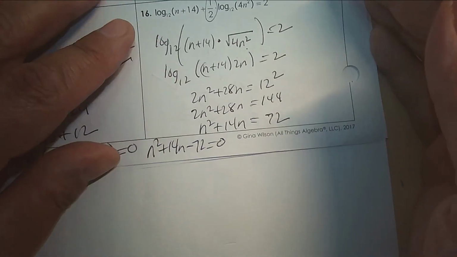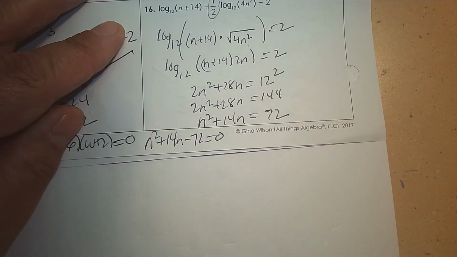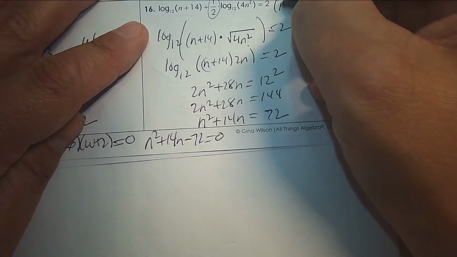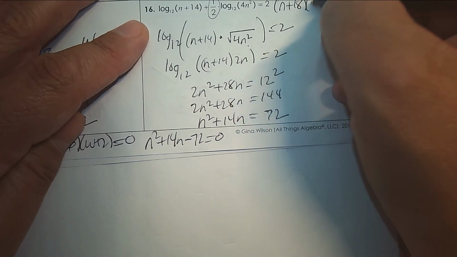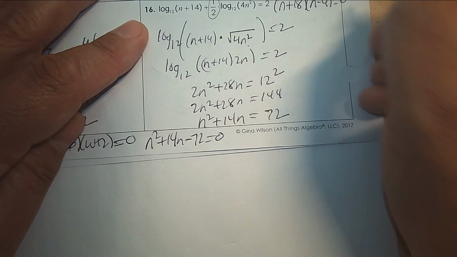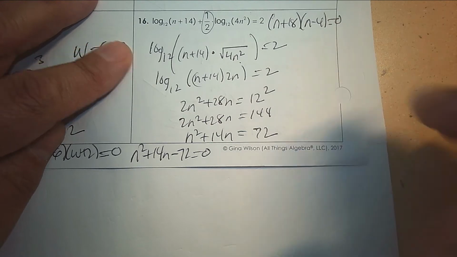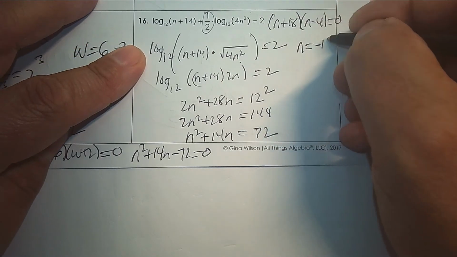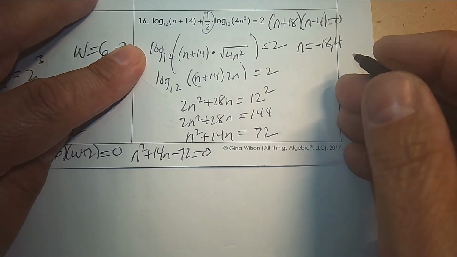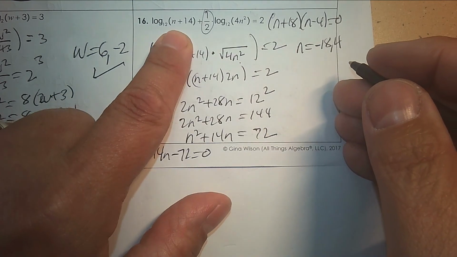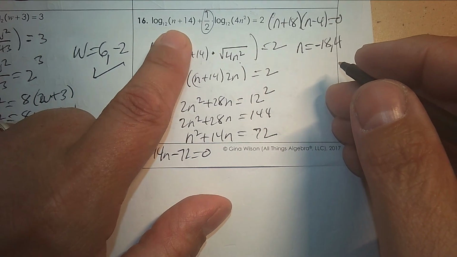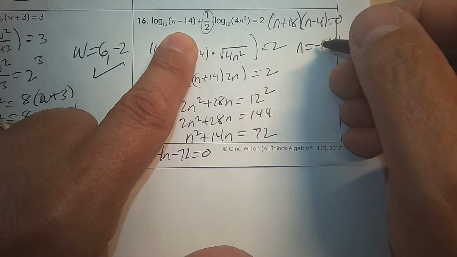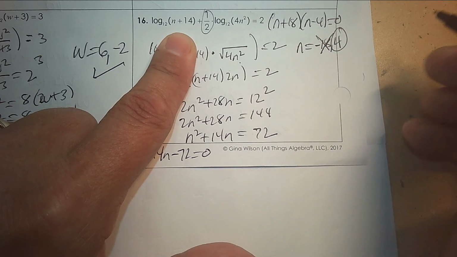It's a bit tough. It's 18 times 4. So positive 18 and negative 4. So the two answers are negative 18 and positive 4. Negative 18 is no good, because negative 18 plus 14 is a negative inside the logarithm. So the only answer there is 4.